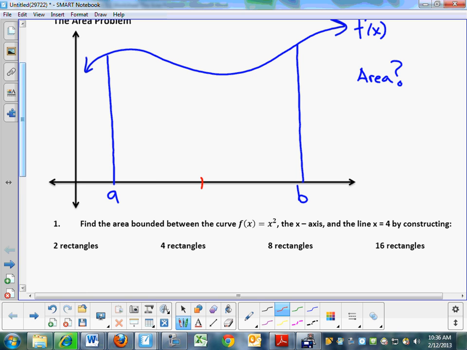So this interval here, we'll call this middle spot C. So for this interval AC, I would start over on A, and I would draw my rectangle. I would start here at A, and I would draw it up to where the function is evaluated. And then I would draw it over to C.